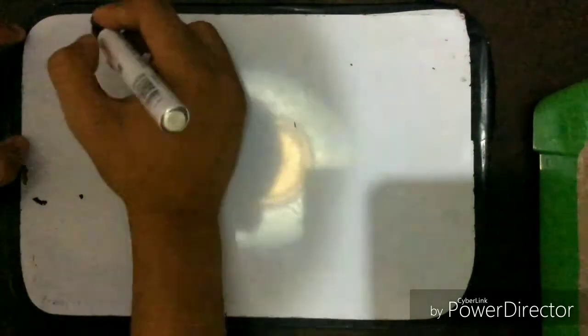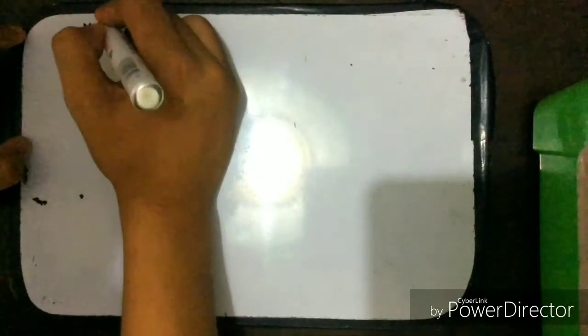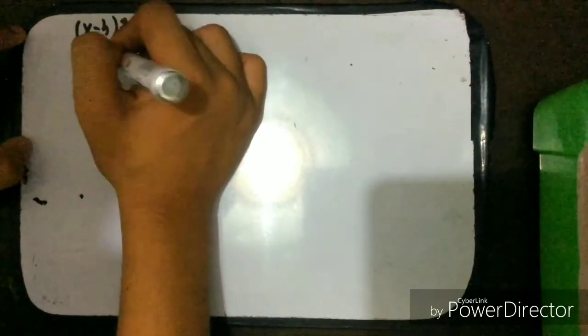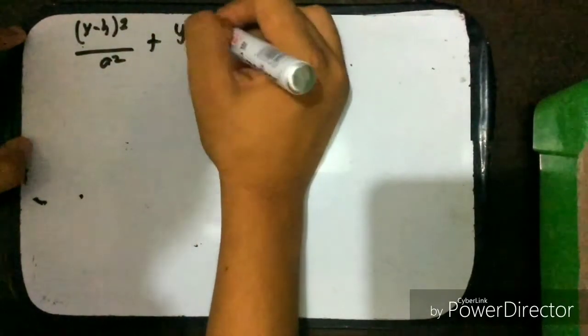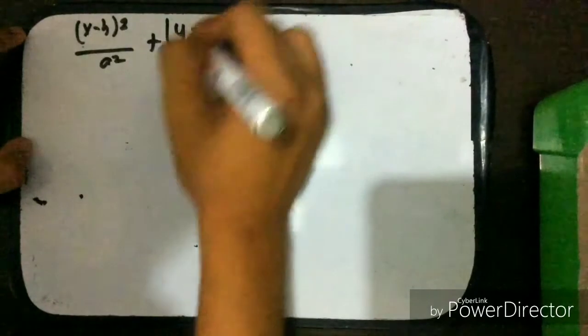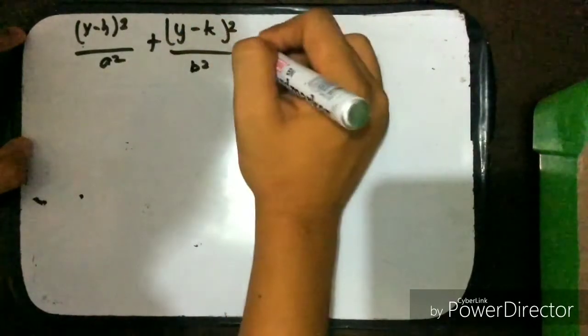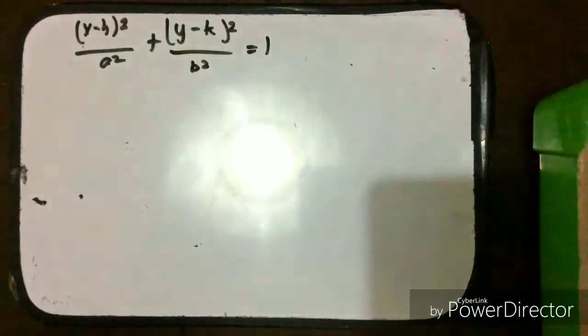So the standard equation of an ellipse where the center lies at h and k is x minus h squared over a squared plus y minus k squared over b squared is equal to 1.